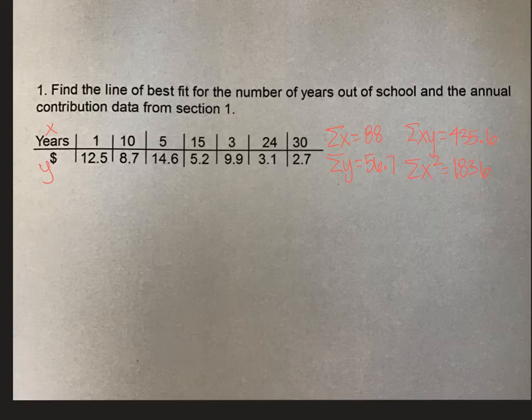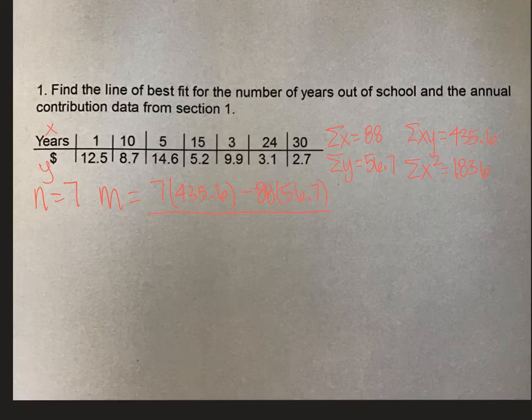So when we find our line of best fit, we have 7 pairs of data, so n is going to be 7. So our slope, we're going to do n times the sum of x times y, which was 435.6, minus the sum of x times the sum of y.